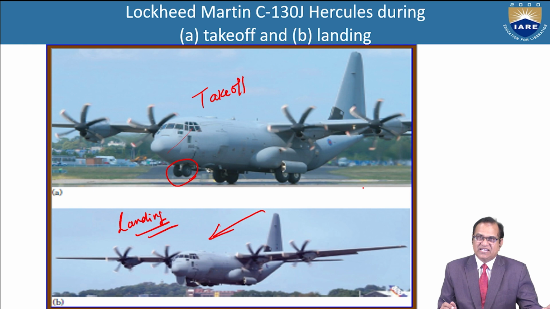It can land very easily and take off from there with a huge amount of armored vehicles, troops and other things. During our operation in Galwan, this was a very instrumental aircraft. By this, within no time, we can manage our border at a very high altitude and in very high terrain.